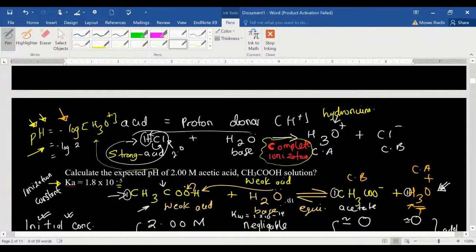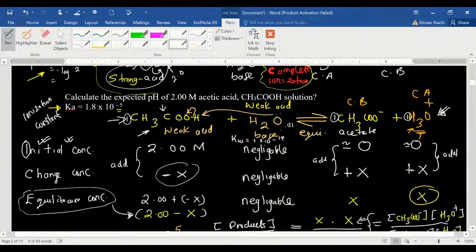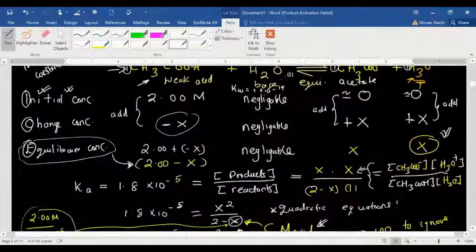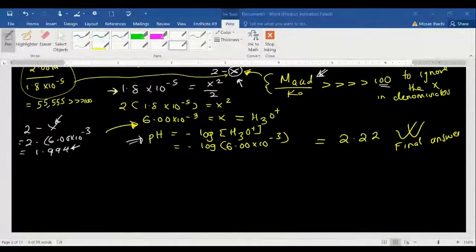But for weak acids, you have to use the ICE chart, ICE meaning initial, change, and equilibrium, to find the concentration of H3O plus at equilibrium, which in this case is x. After you find your x, you can use your formula, pH equals negative log of hydronium, to get the answer. The same happens if you're finding the pH or pOH of a basic solution.